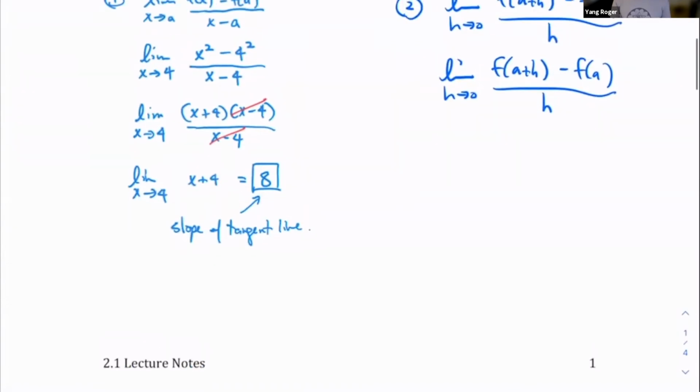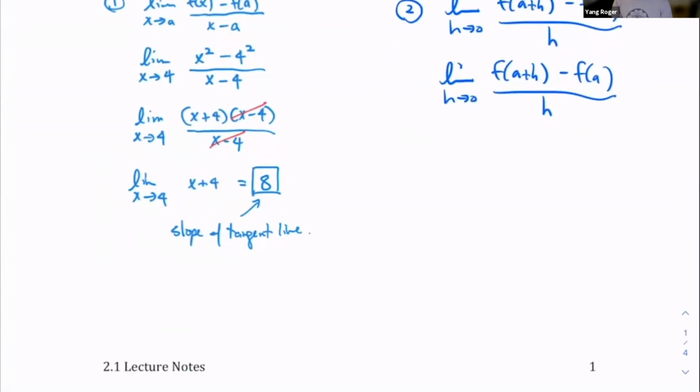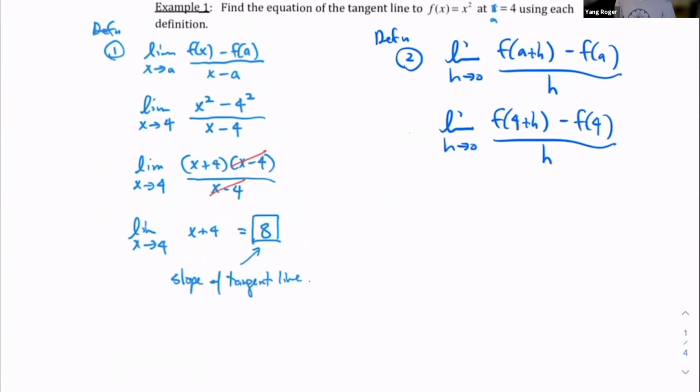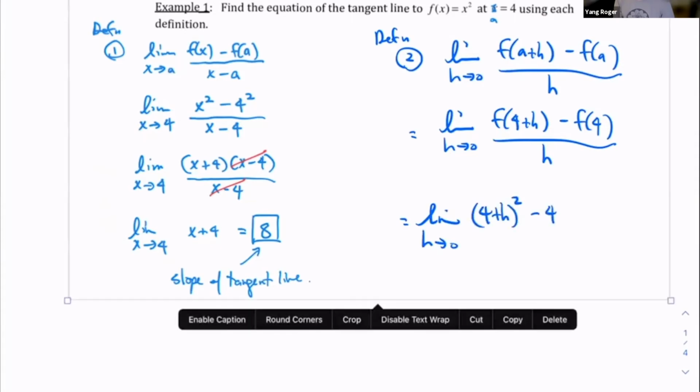Okay, and then let's get rid of those a's. Let's change each of those to 4. And let's continue this problem. So this is equal to the limit as h goes to 0 of 4 plus h squared minus 4, all divided by h.